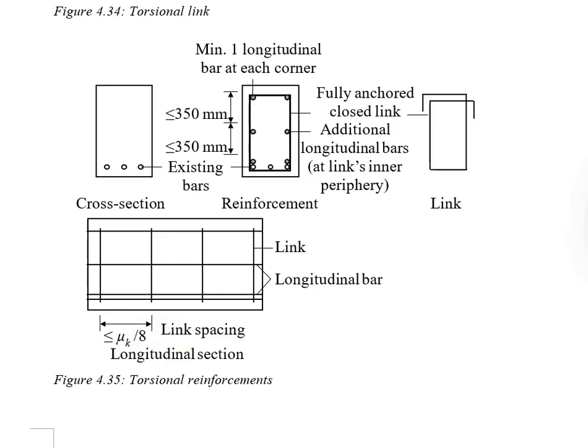Now, if your initial design for the shear link is not using this fully anchored closed link, you should change it to this. And if your initial design has the spacing between the links for the shear load exceeding this limit, make sure you revise the spacing between the links.